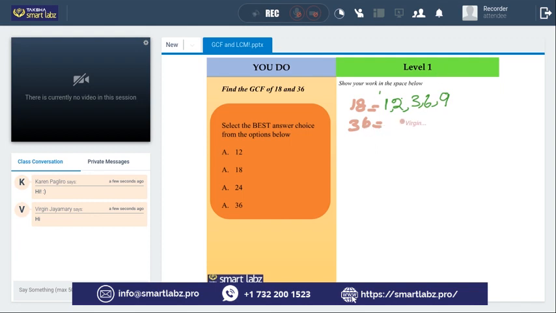So 1 times 36, and 2 times 18 is 36. 3 times 12 is 36.